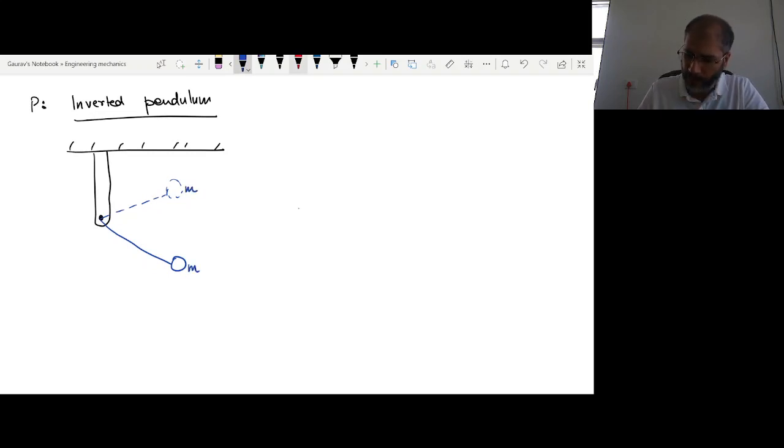So we have a mass that is connected through a rod of length L. So this is a rod, let's say it's a massless rod, and the pendulum is released at phi naught angle.